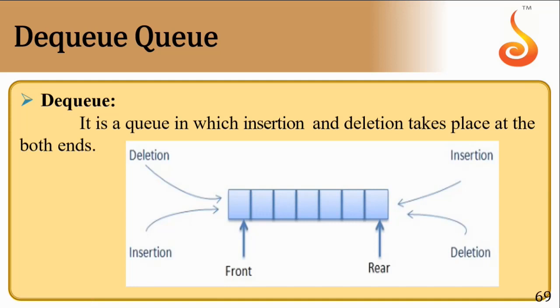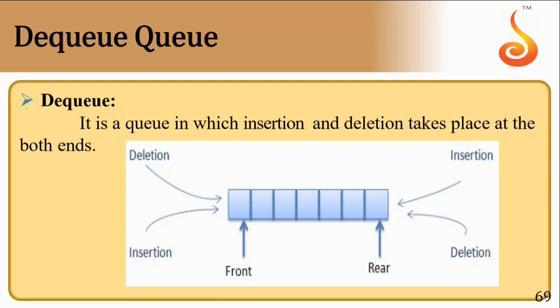There are two variations of the double-ended queue, namely the input restricted DQ and the output restricted DQ. Getting it? These are the two types of double-ended queue. What is an input restricted queue then? An input restricted double-ended queue allows insertion at one end of the list but allows deletion at both ends of the list.